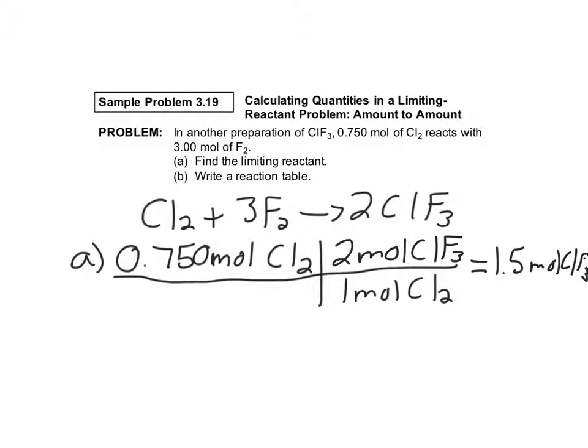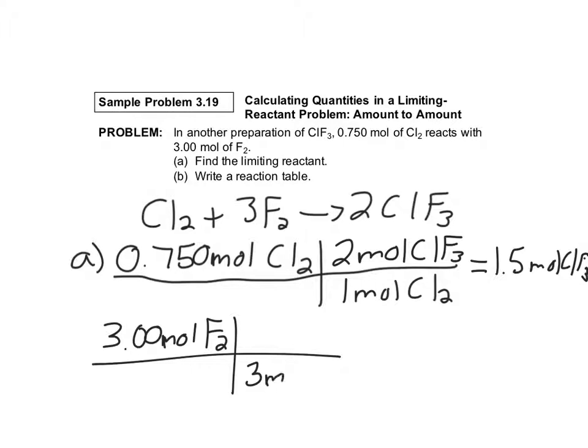And now we do the same thing for our F2, right? I have 3.00 moles of F2, and I'm going to convert that to product. So from the balanced equation, it takes 3 moles of F2, that number came right here, stoichiometric coefficient of 3, for every 2 moles of ClF3.